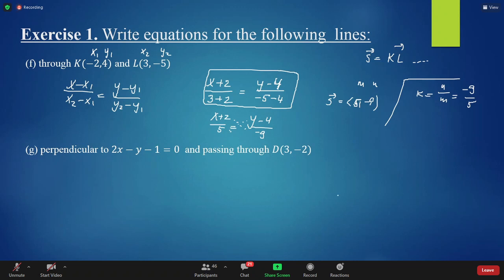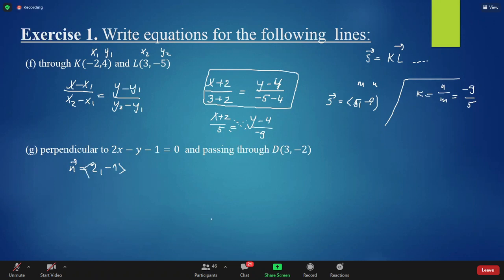And another one, perpendicular to this line. That would mean, first of all, the normal vector is 2, minus 1. There are several ways of doing this.